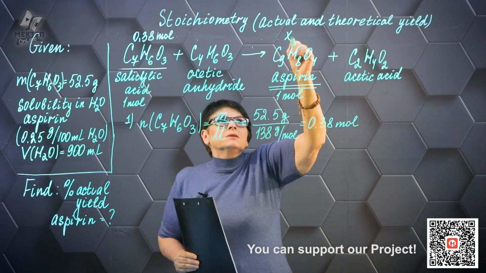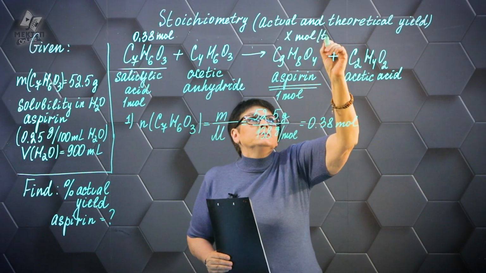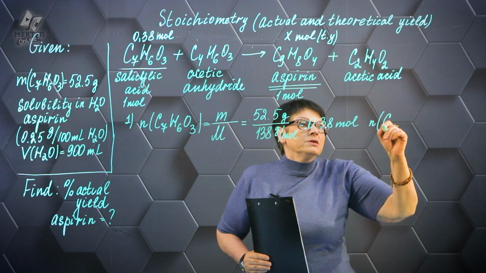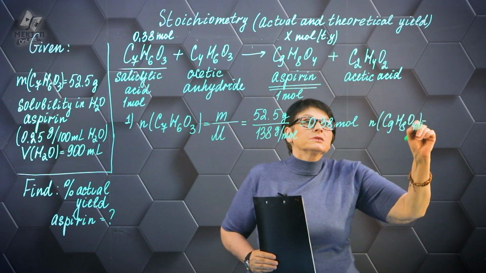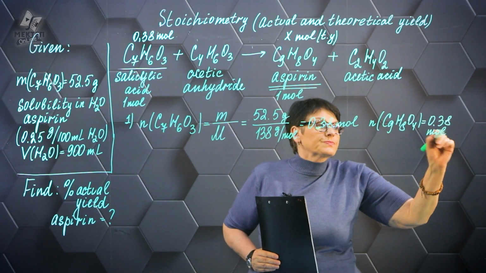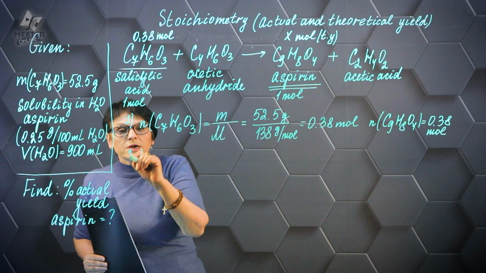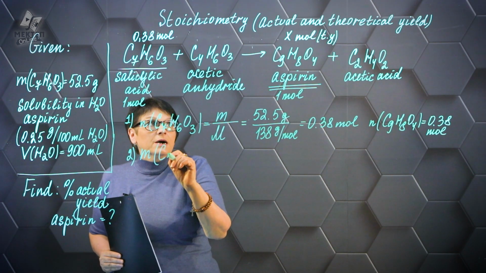Then let's find how many moles of aspirin should be the theoretical yield. Accordingly, we will have the same amount of aspirin, that is 0.38 moles. And now let's calculate what the mass of our aspirin would be if there were no losses due to solubility in water.